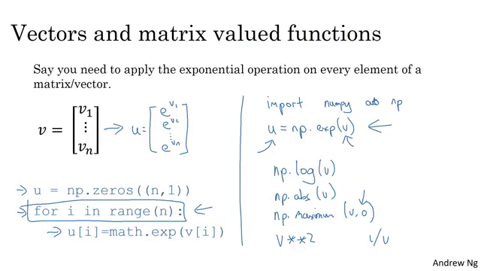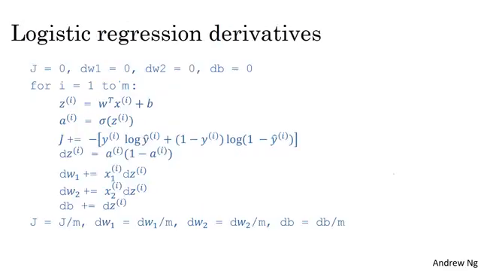Logistic regression derivatives. Let's take all of these learnings and apply them to our logistic regression gradient descent implementation and see if we can at least get rid of one of the two for loops we had. Here's our code for computing the derivatives for logistic regression. And we had two for loops. One was this one up here, and the second one was this one.